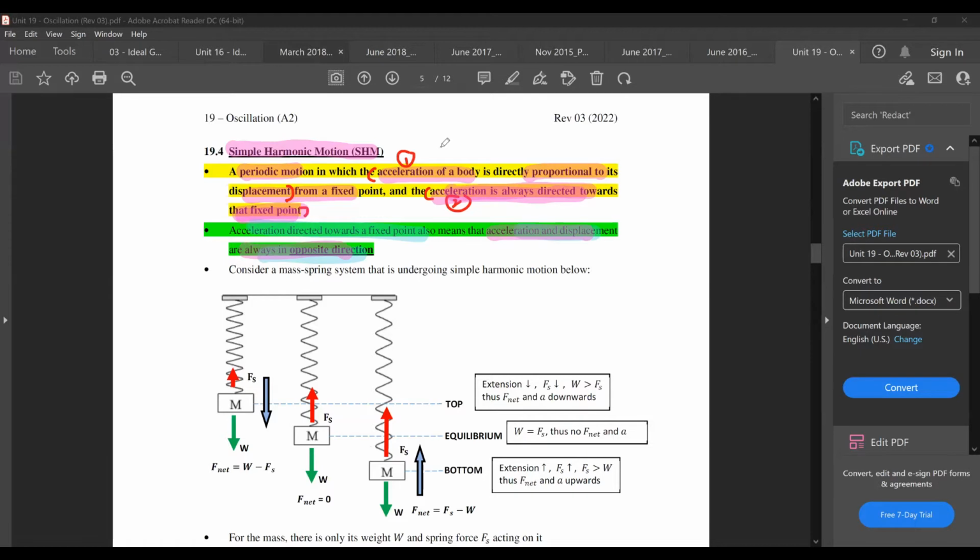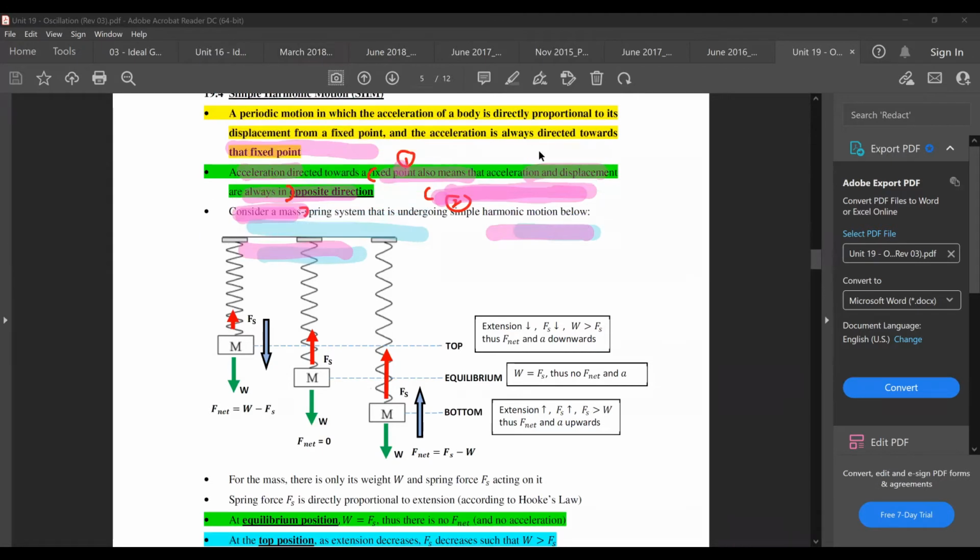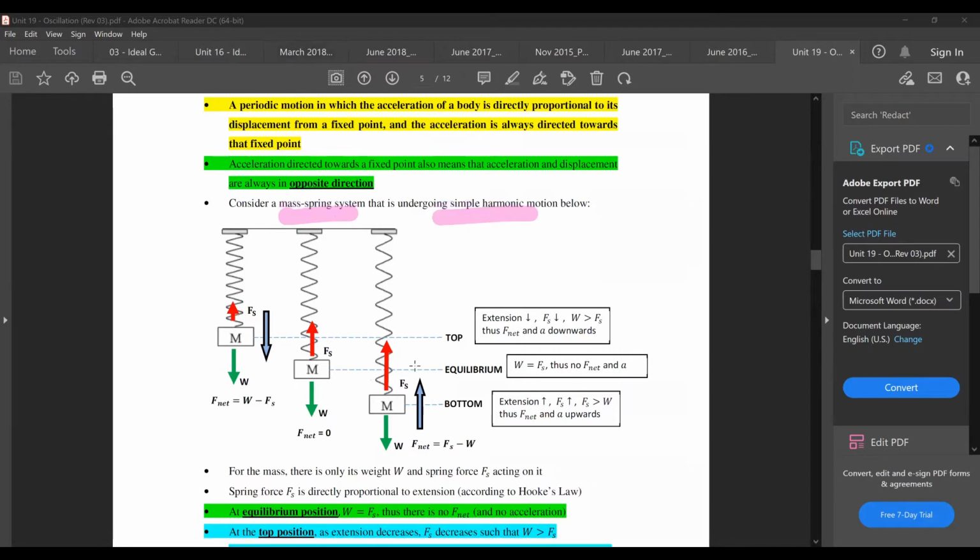But why are the criteria for simple harmonic motion like this? You will understand more about it if you look at the diagram below here. Let's go with an example of a mass spring system that is undergoing simple harmonic motion.